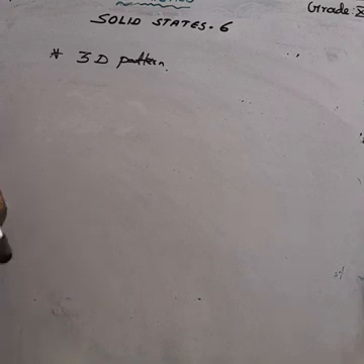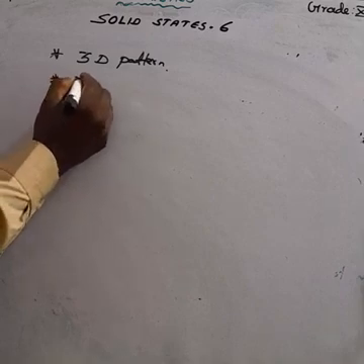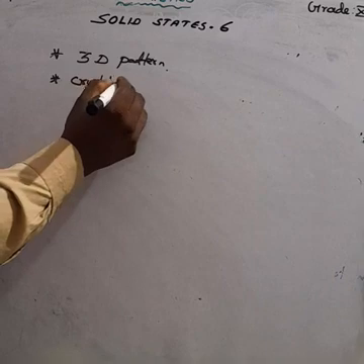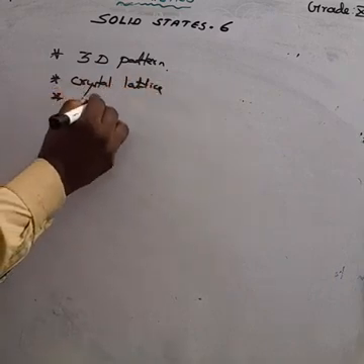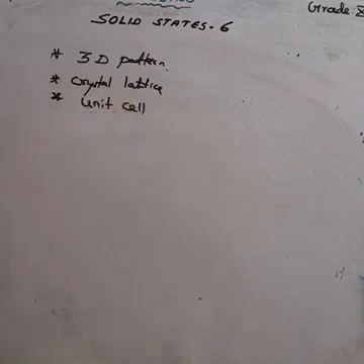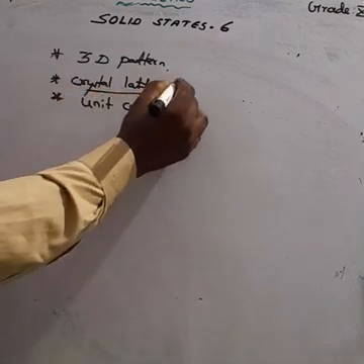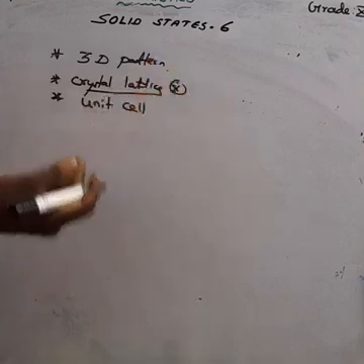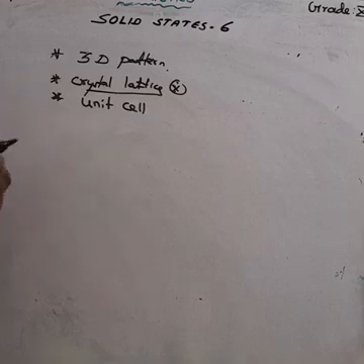Here we are going to learn two important definitions: what are crystal lattice and unit cell? The regular arrangement of these species throughout the crystal is called crystal lattice.